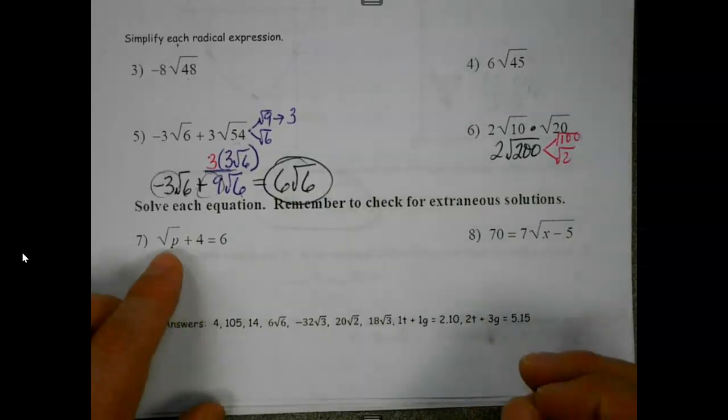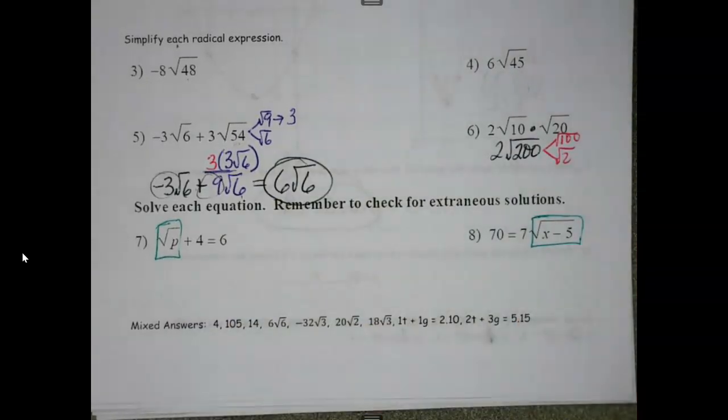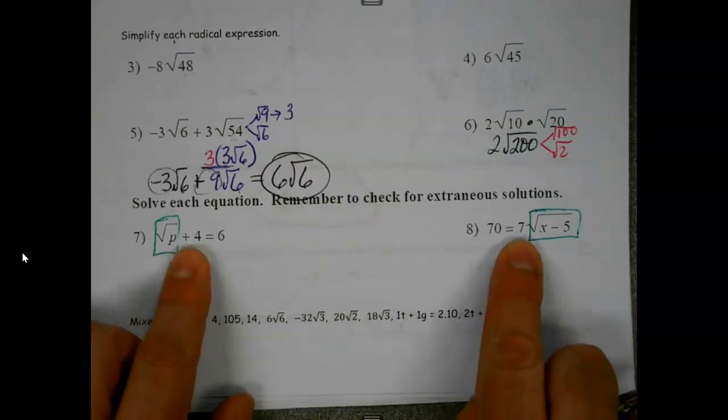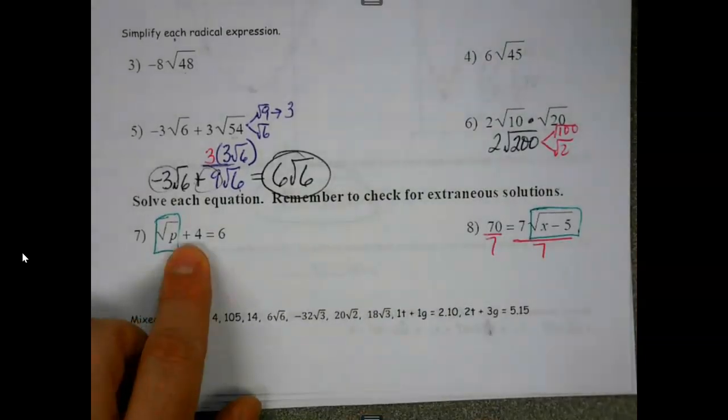When you're trying to solve these, your first job is to get your radical alone. So we're going to do the opposite of whatever's being done to it. In this case, that'd be to divide by 7.